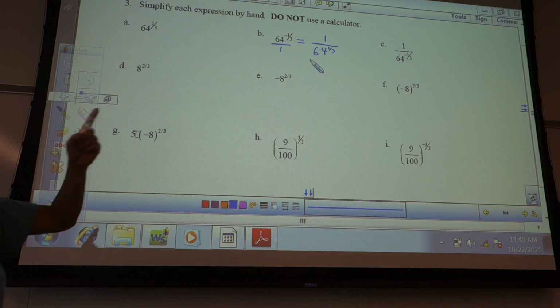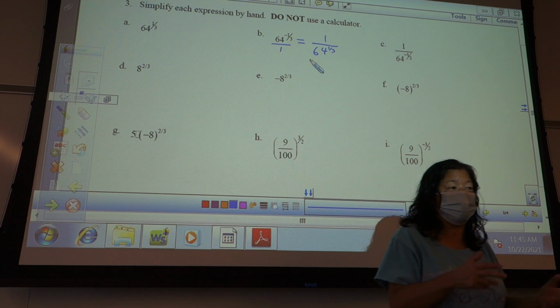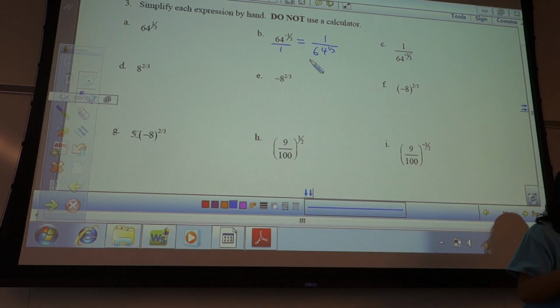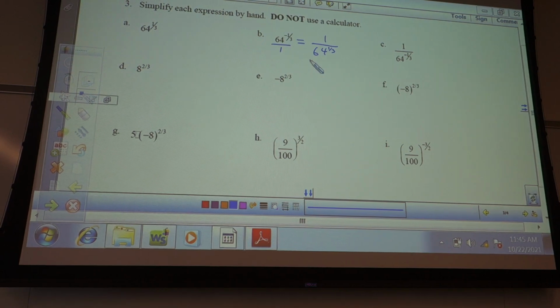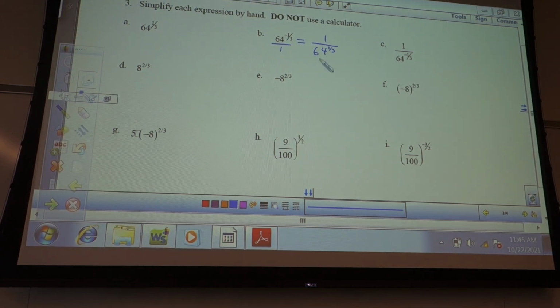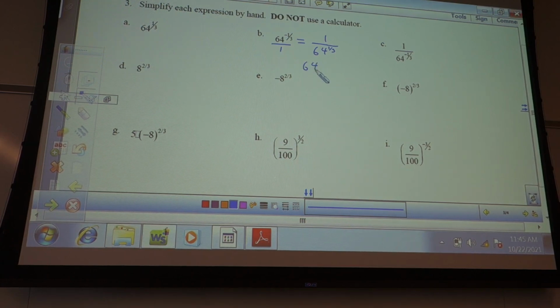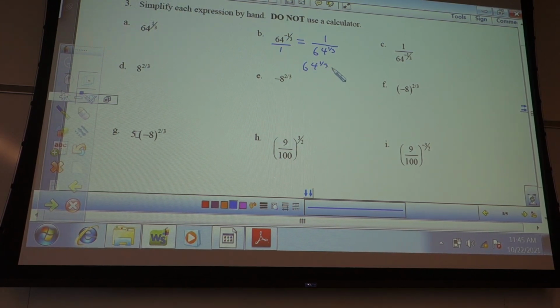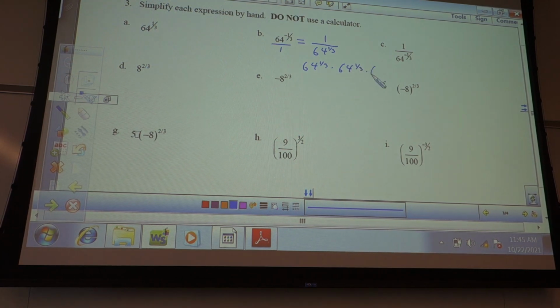So 1/3 means you need to multiply by itself 3 times. The 1/3 power means what multiplied by itself 3 times would give me 64 to the 1 power, right?